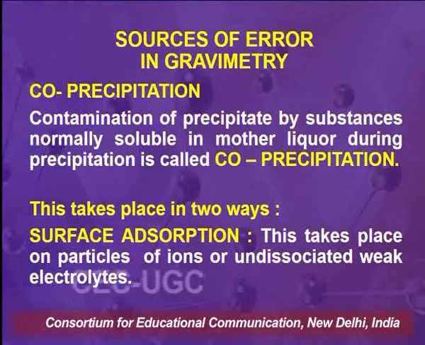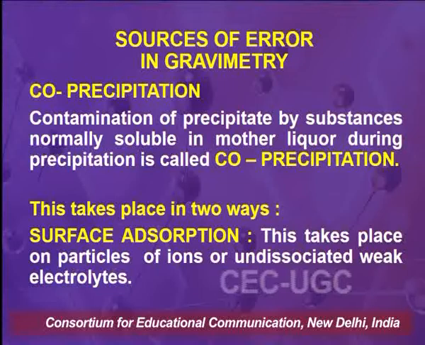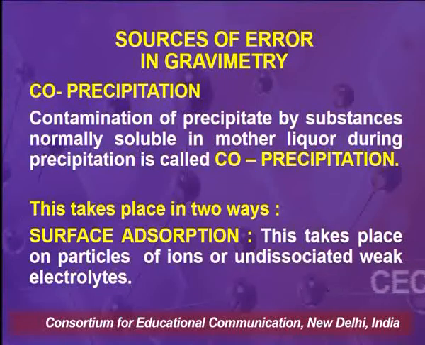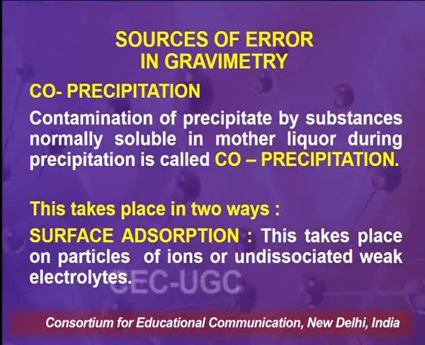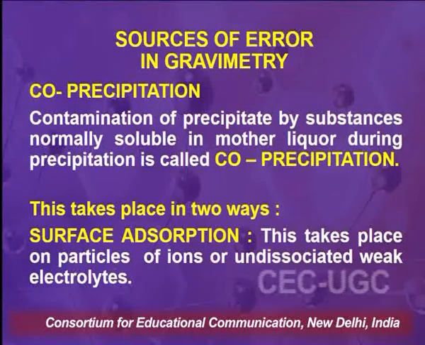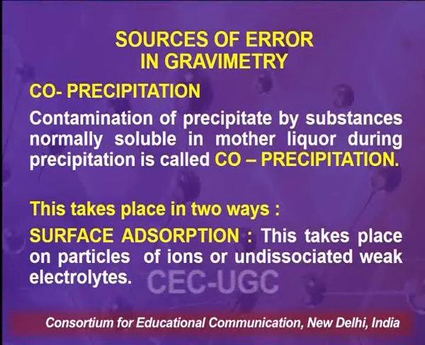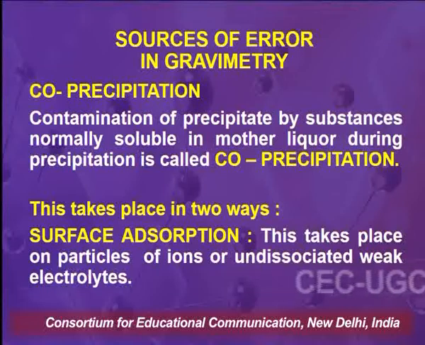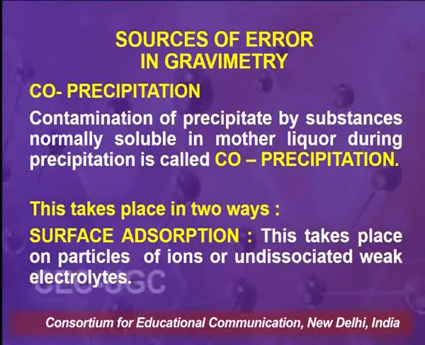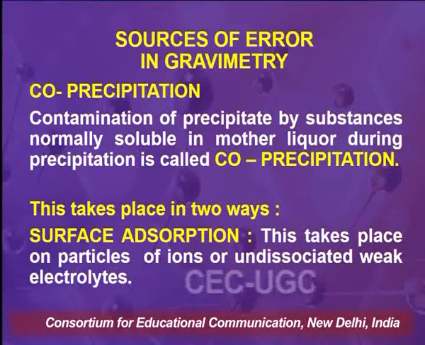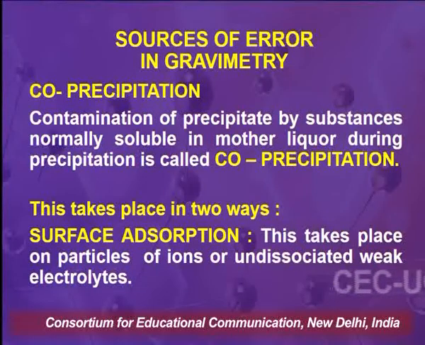So, when precipitation is occurring, it is quite possible that some impurities are already present in the solution or are accidentally present on the glass rod or in the apparatus, the beaker in which the precipitation is being carried out, and the precipitates now being formed can be contaminated by the impurities which are already present in the mother liquor in soluble form. So, this takes place in two ways.